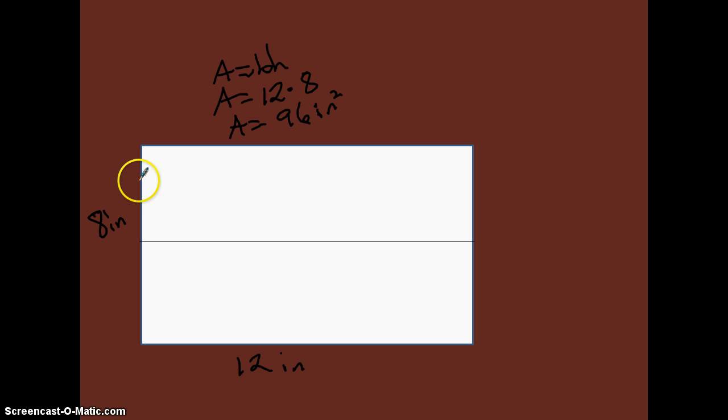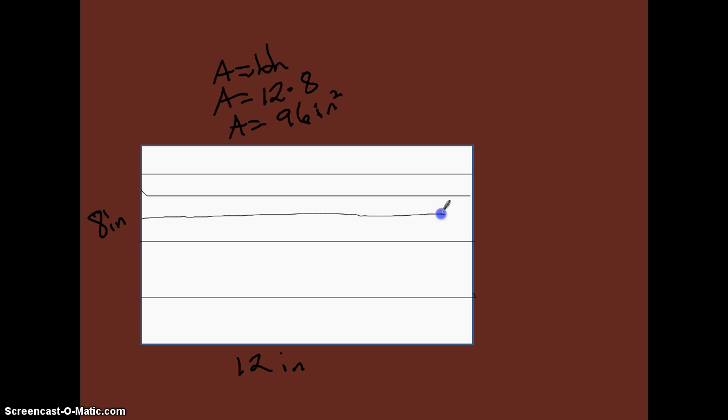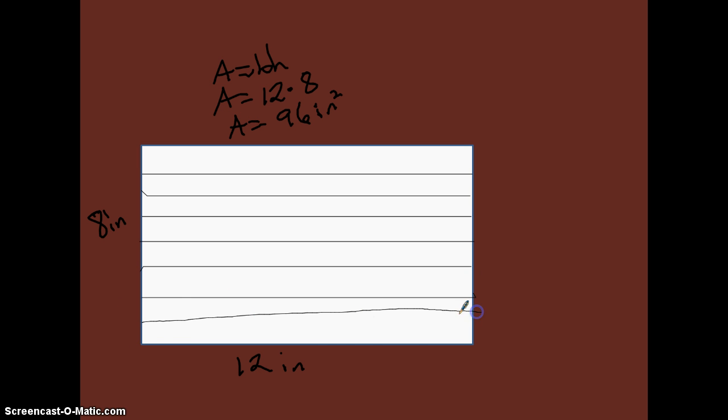Okay, so here I have 2. Okay, I got that piece there. Now these are not going to be exact, because I'm more or less freehanding these. Alright, so we have 1, 2, 3, 4, 5, 6, 7, 8. We have 8.